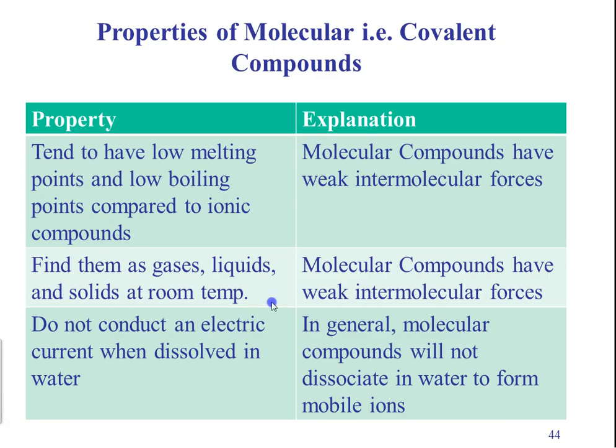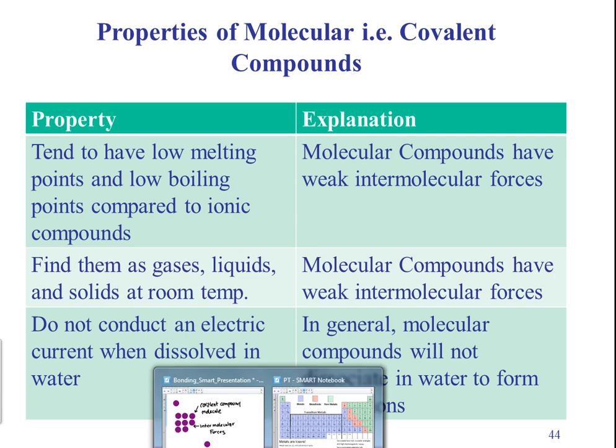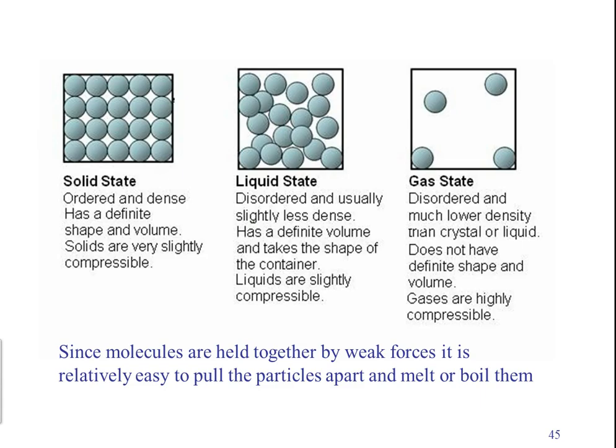The other property we're going to talk about is the fact that unlike ionic compounds, which are all found as crystalline solids at room temperature, covalent compounds you'll find as gases, liquids, and solids at room temperature. Again, that has to do with the intermolecular forces. Some compounds will have stronger intermolecular forces than others. Some will have weaker. To illustrate this, this is a diagram of solids, liquids, and gases. Each of those blue circles represents a covalently bonded compound or molecule.